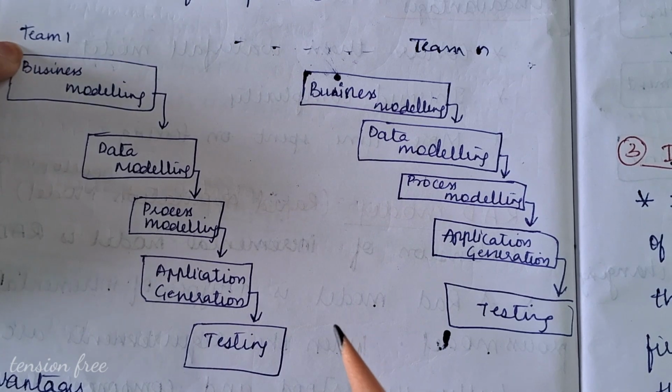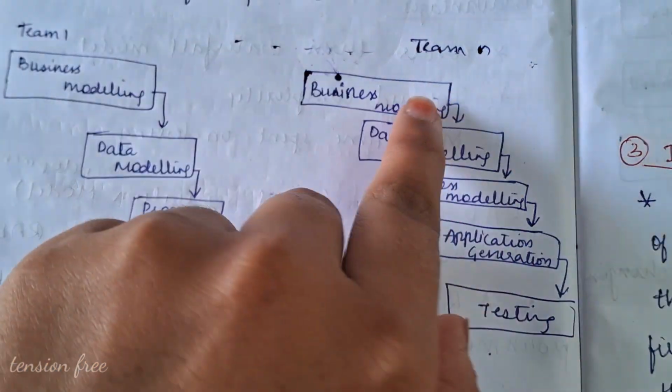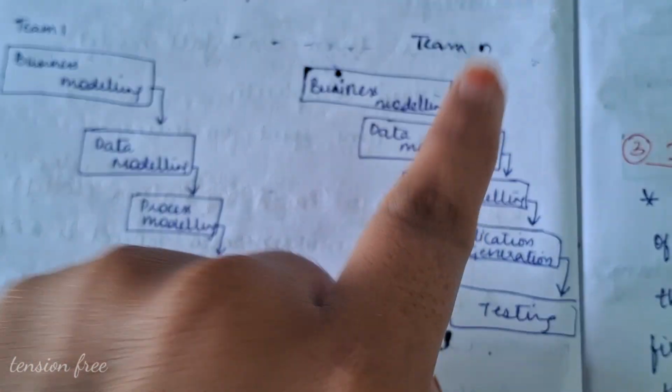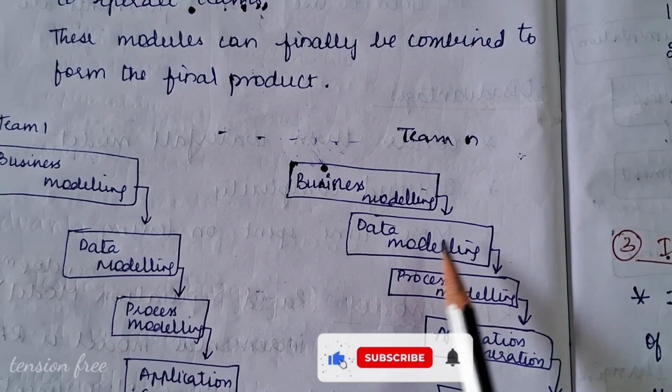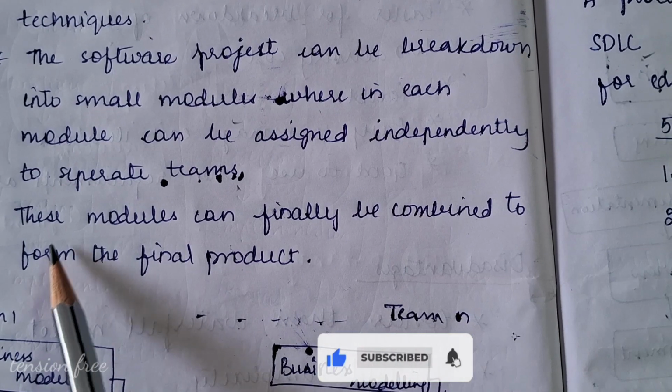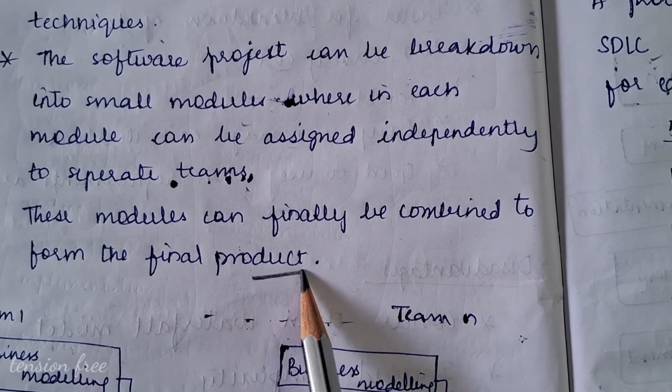This is the first team, and next we have the second team, third team, fourth team, and so on till the end, until the software is developed. These modules, which were broken down, are finally combined to form the final product.